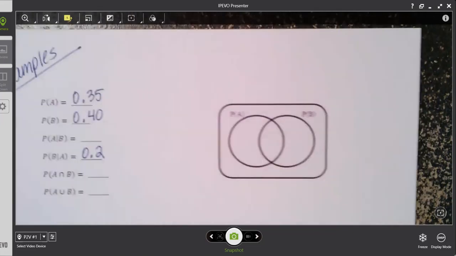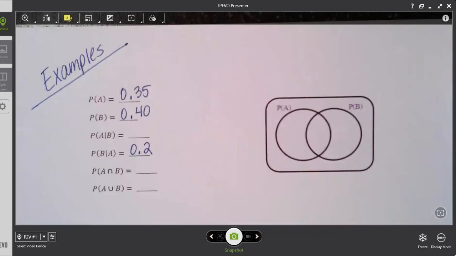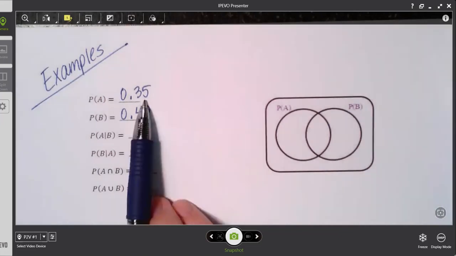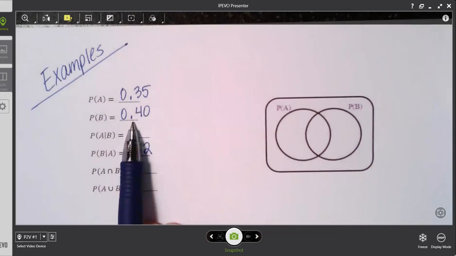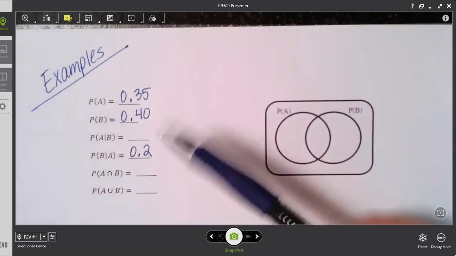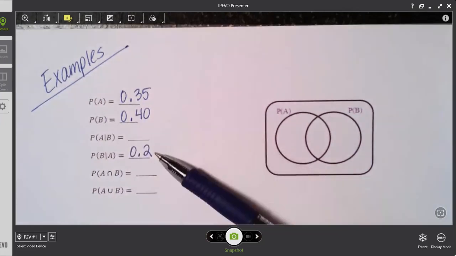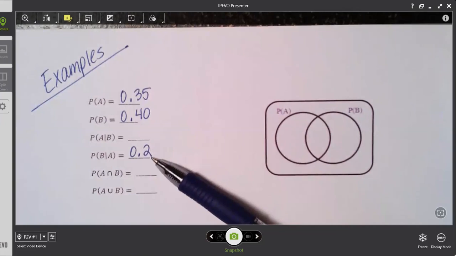Here's the first example. Okay, let's suppose that I have my Venn diagram and I have to fill it in myself. It's not filled in for me, and I am given the probability of being in A, I'm given the probability of being in B, and I'm given the probability of being in B given A. So here's the problem.